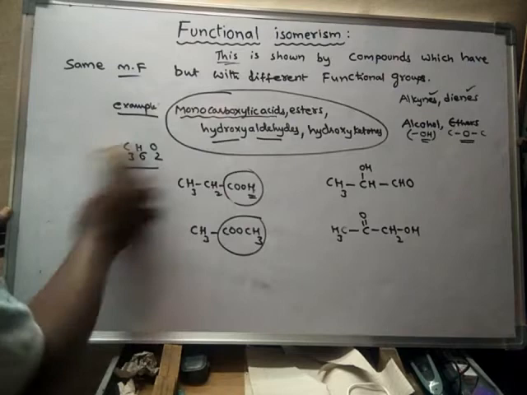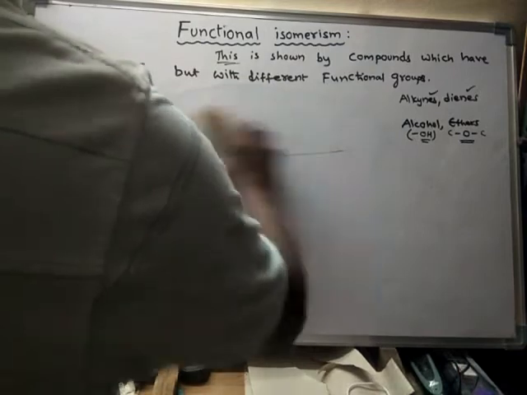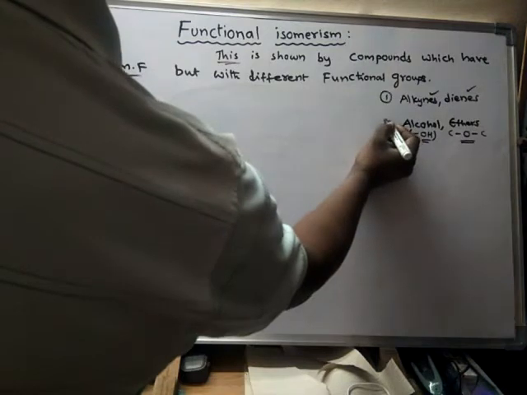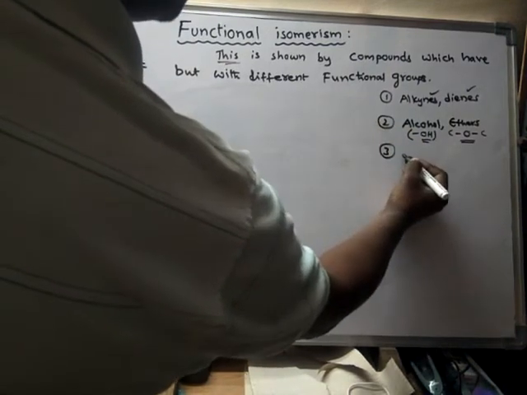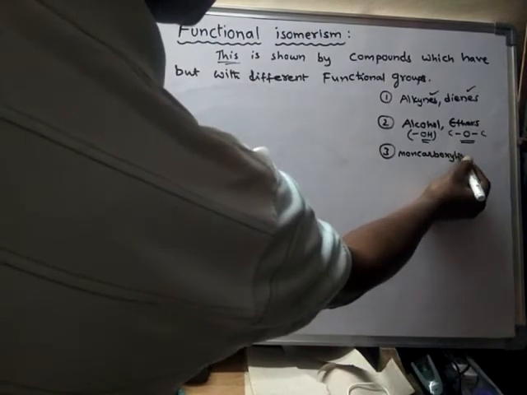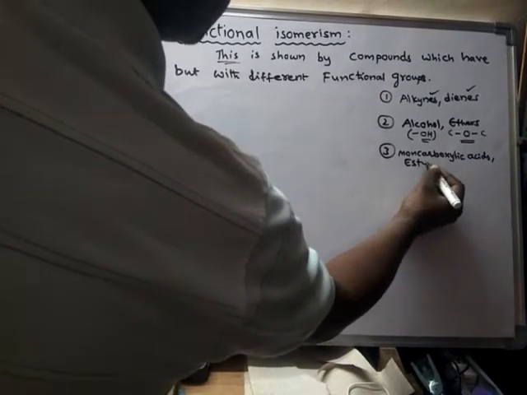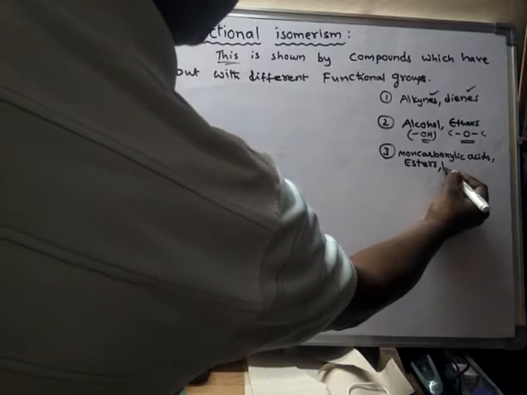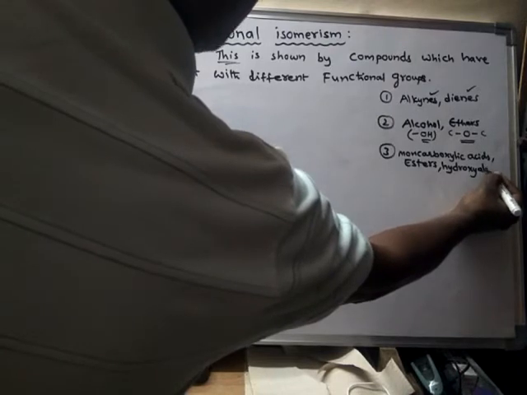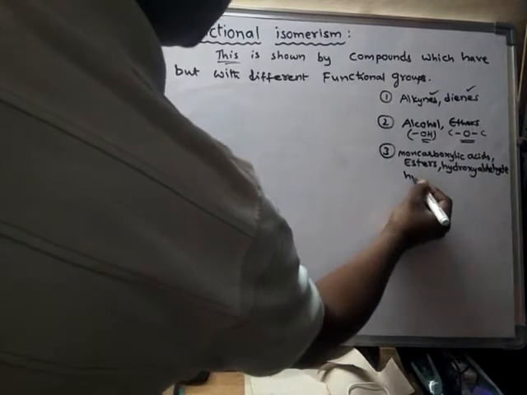We will learn one more example. See, remember which ones are functional isomers to which. So what are functional isomers to others? This is one, this is two. Third one is monocarboxylic acids, esters, hydroxyaldehydes, and hydroxyketones.